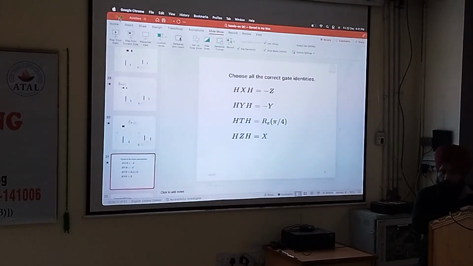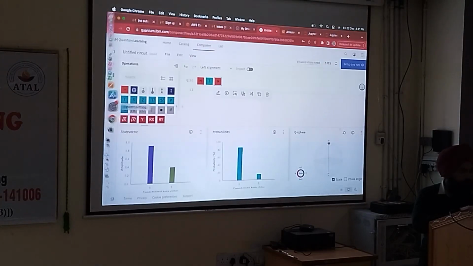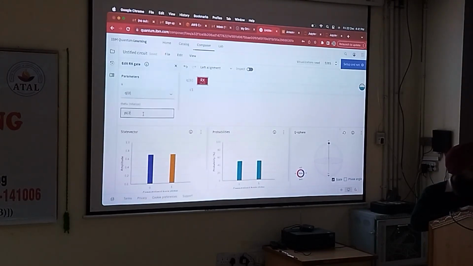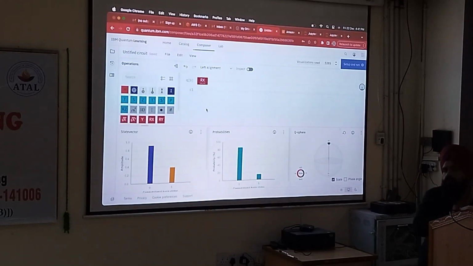Rx pi by 4. Look at that. Pi by 4. Rx, but the value is pi by 4. It is equal.